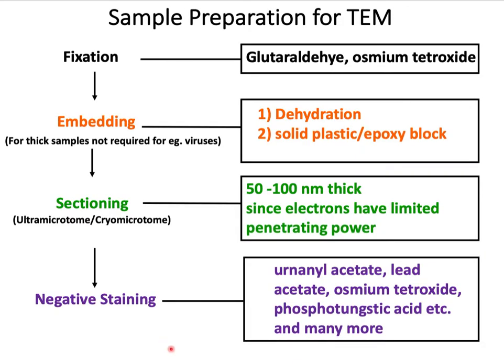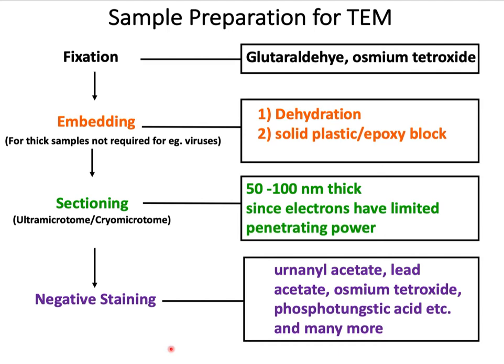We talked about the sample preparation and staining in light microscopy earlier, and how that improves light microscopy. Sample preparation is much more complicated for transmission electron microscopy. That is the main disadvantage of TEM: the complicated sample preparation. The images are great, but it takes a long time to prepare the specimen.